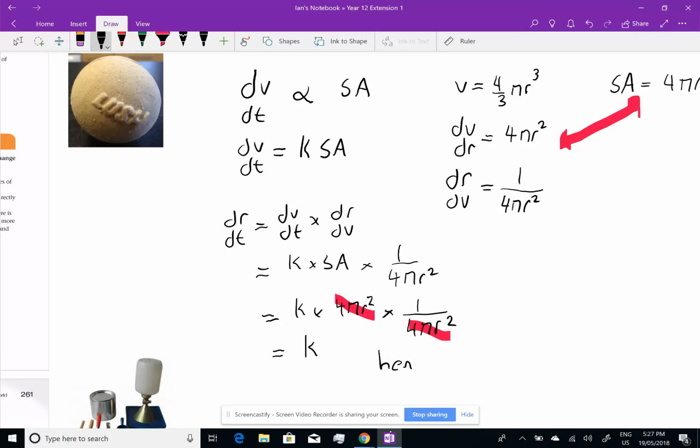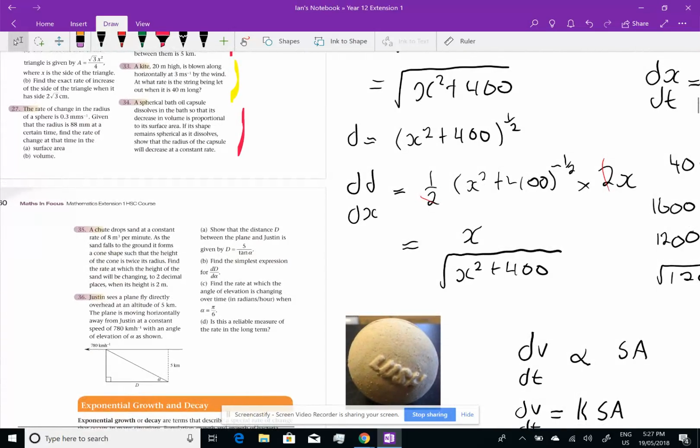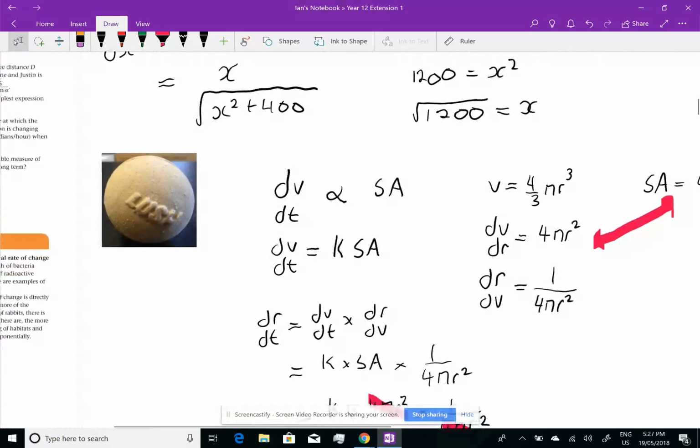Hence, dr/dt is constant, which is what we had to show. Show that the radius will decrease at a constant rate, and we just did.